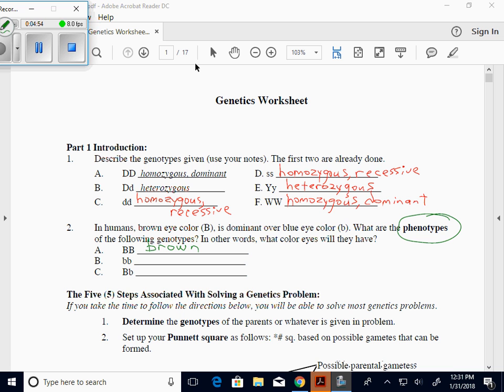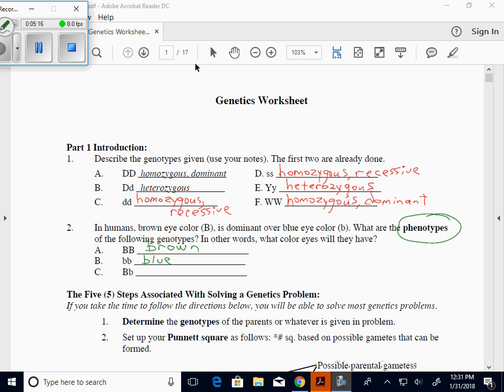Letter B there is lowercase b. That is homozygous recessive. What is the phenotype of that eye color? What do you think, Olivia? Blue, because it is the recessive.